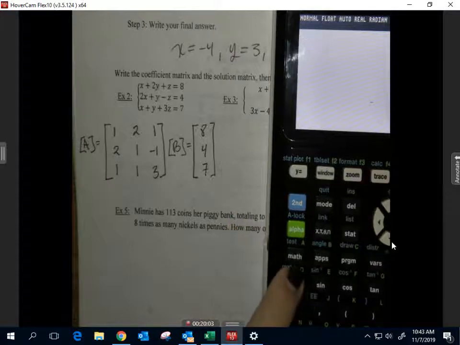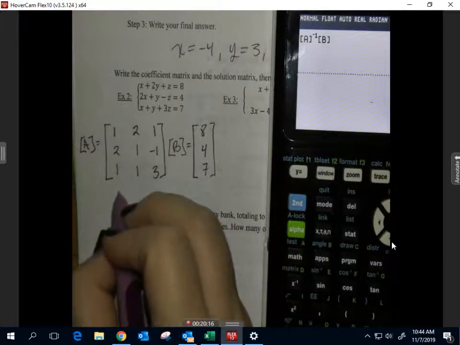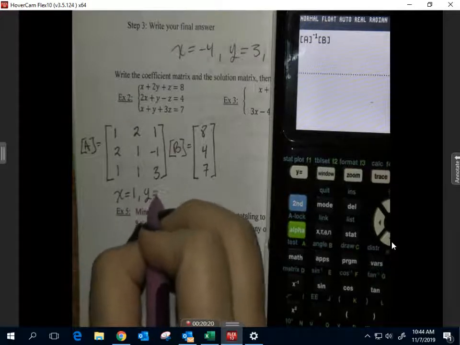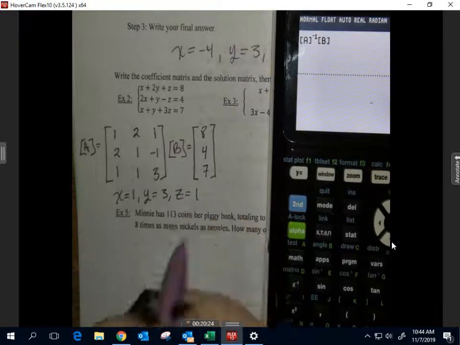And then you're going to do the inverse of that. And then second inverse 2. And hit enter. And we get x equals 1, y equals 3, and z equals.